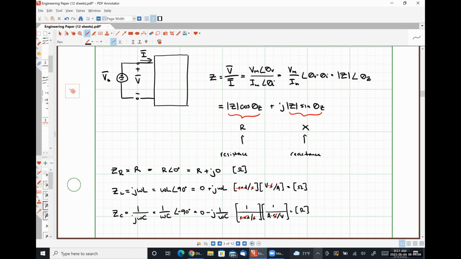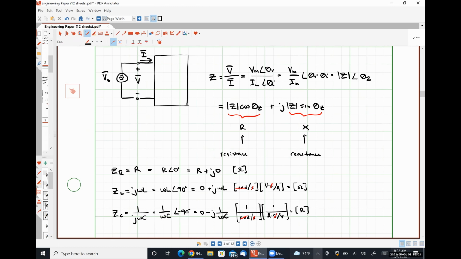So let's take, for example, an inductor. At very low frequencies, so when omega is very close to zero, what does the impedance look like? Substitute in zero. Zero.